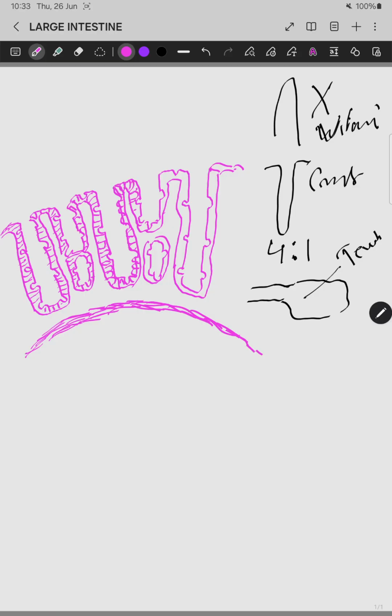So just like this, draw, and then you highlight the striated border by one more drawing like this. Then we can see that the part where the goblet cell is present will also be highlighted.